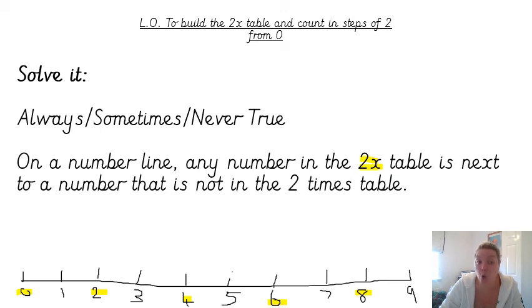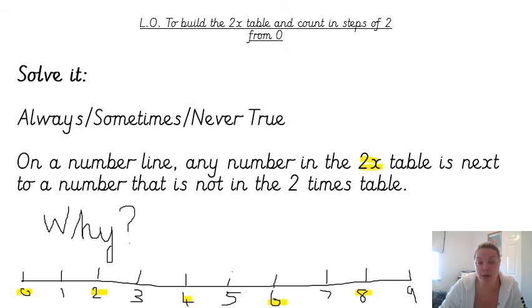So is it always next to it? Is it always, or is it sometimes next to a number, sometimes not, or is it never? What you're going to do is you're going to circle the right answer, or you can write the right answer, and then you need to write why. You're not going to write why, you're going to tell me why.